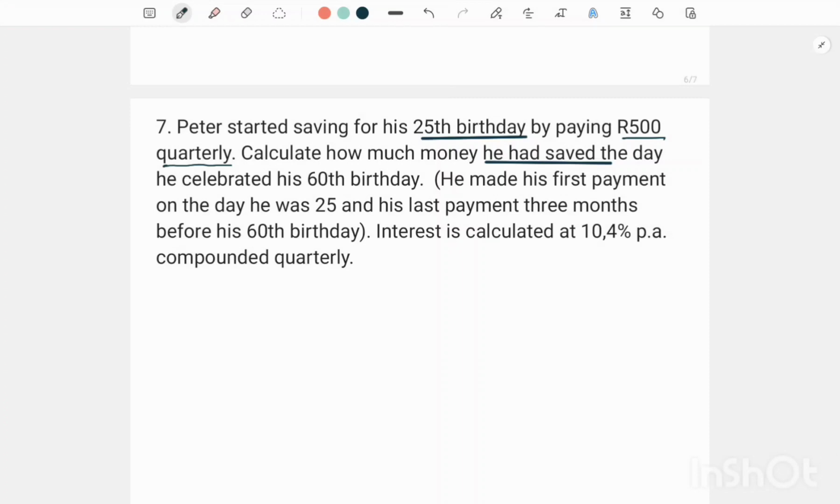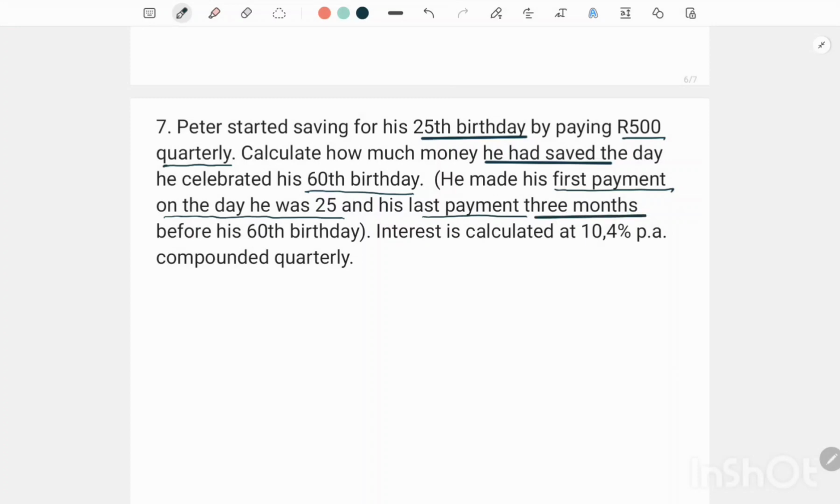It's a future value annuity. This person is investing. The day he celebrated his 60th birthday, he made his first payment on the day he was 25. His last payment 3 months before.